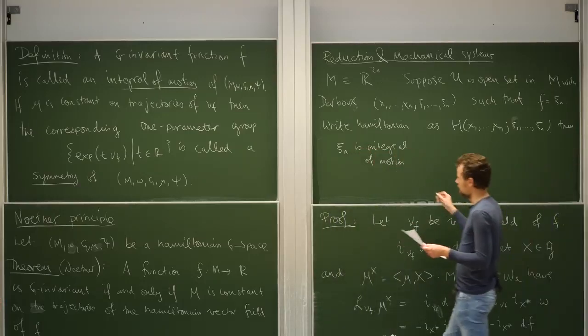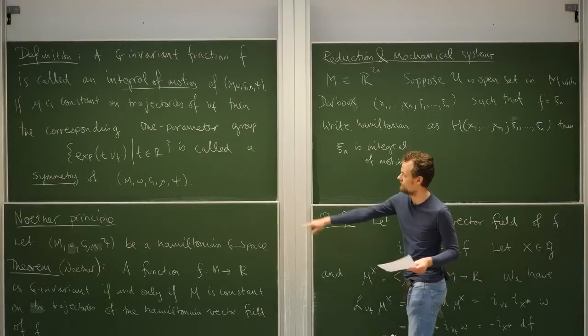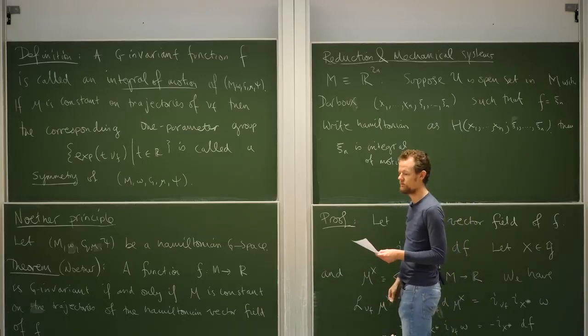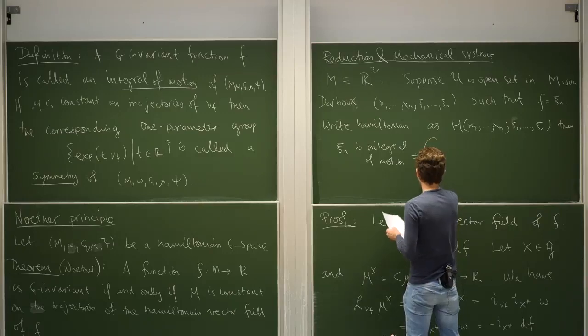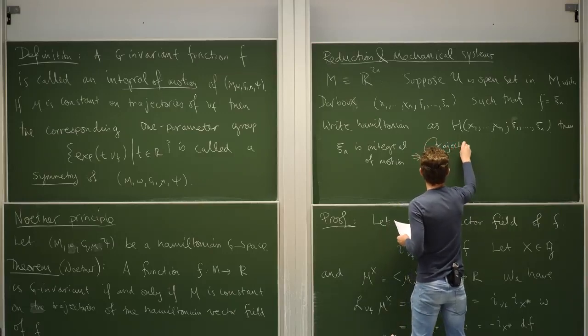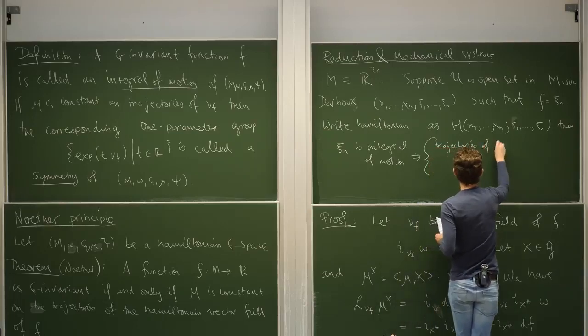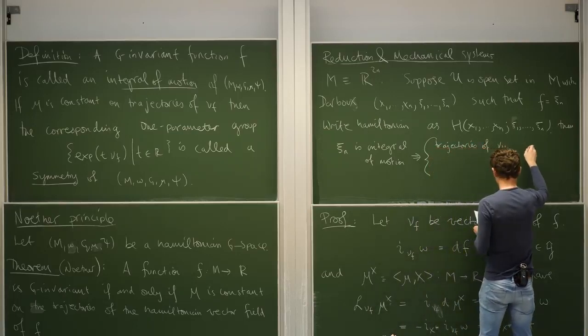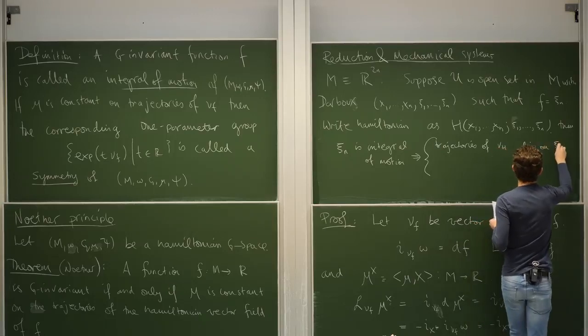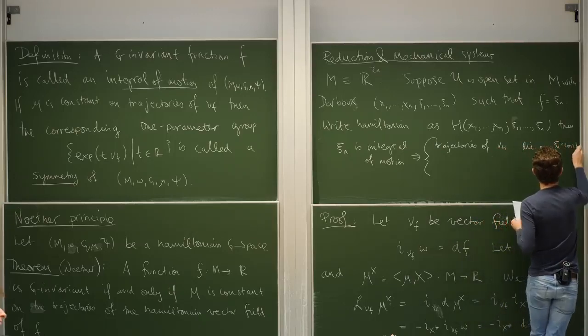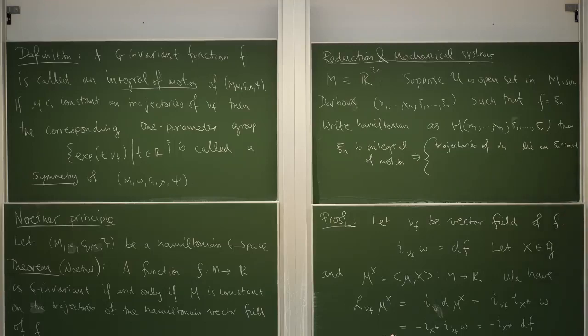What does that mean? Well, we have written it all out here, and also we learnt it earlier in the course. That's the case only if the trajectories of the Hamiltonian lie on the hyperplane psi n is constant.